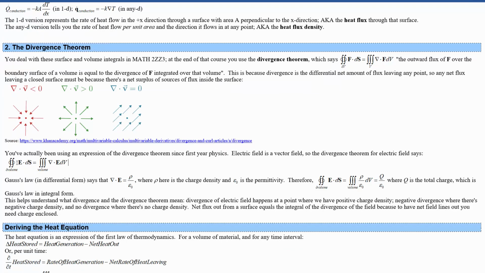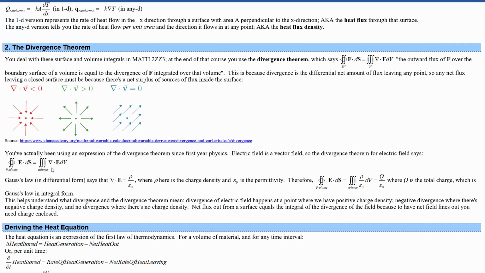So electric field is a vector, and we saw in first year that the net outward flux of electric field from some surface is the, well, we didn't call it the divergence of E over the volume, but Gauss's law in differential form says that divergence of E is the charge density over epsilon naught, and we know that the total charge over that volume is Q over epsilon naught.